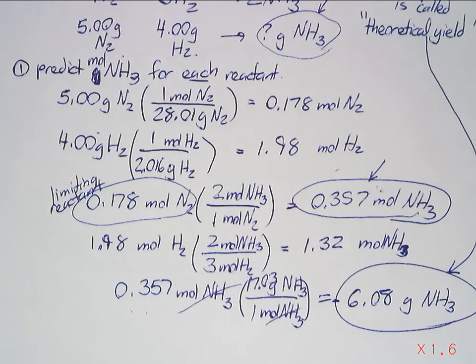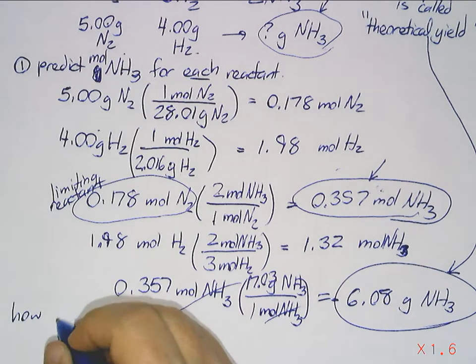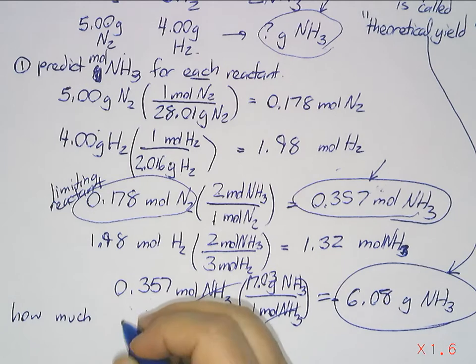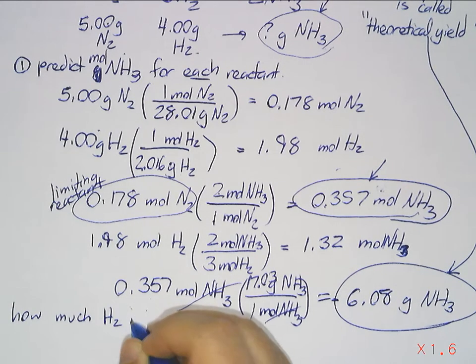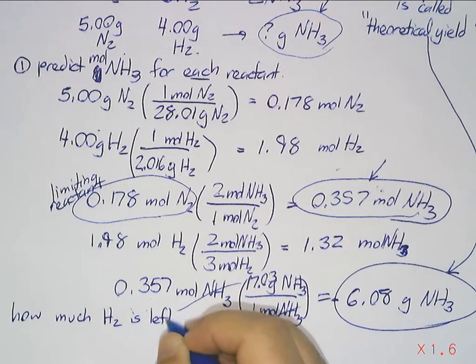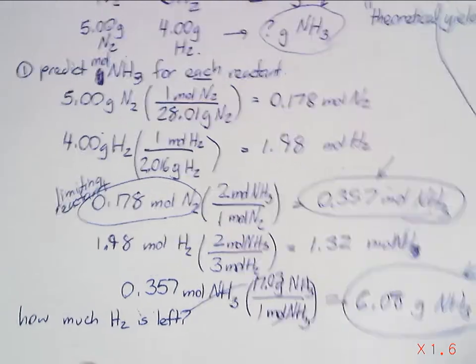That means it's all used up. That means that there's going to be H2 left over. How much is going to be left over when we're all done with the reaction?